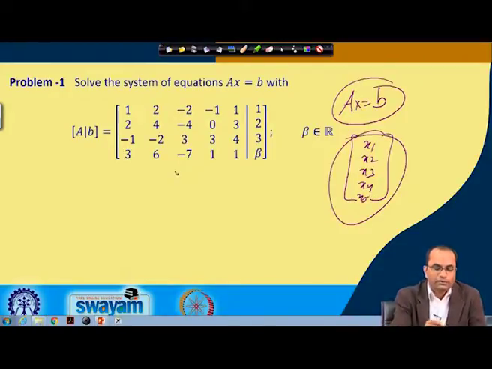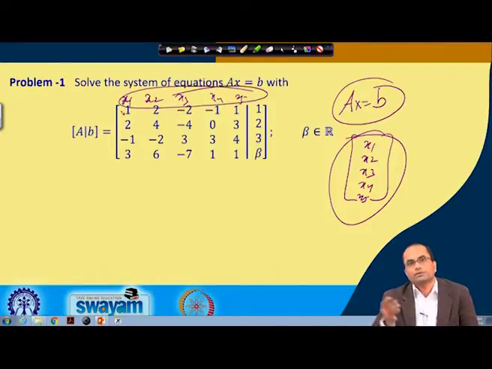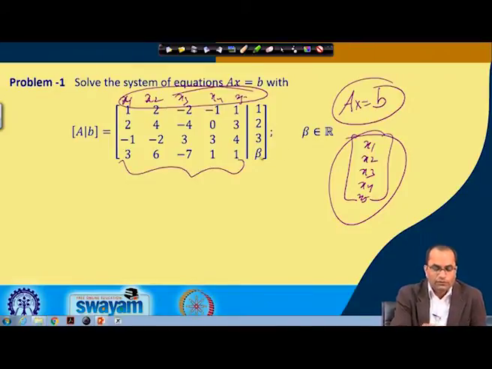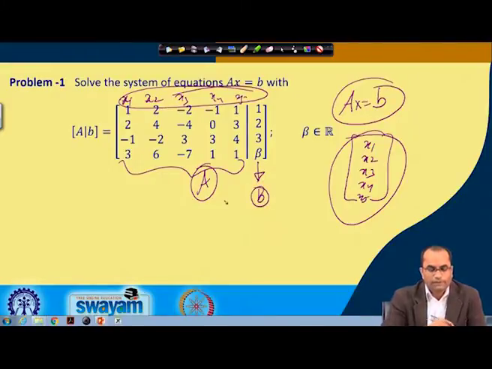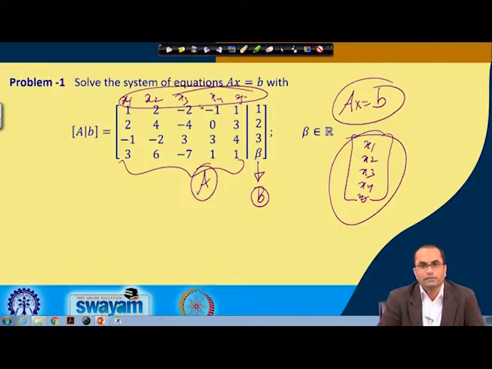So, there are 5 unknowns and therefore 5 columns: this corresponds to x1, this is x2, this is x3, this is x4, this is x5. The number of columns always represents that of A, not the whole augmented matrix. This part corresponds to A, this corresponds to b. So, the number of columns in A represents the number of unknowns in our system.